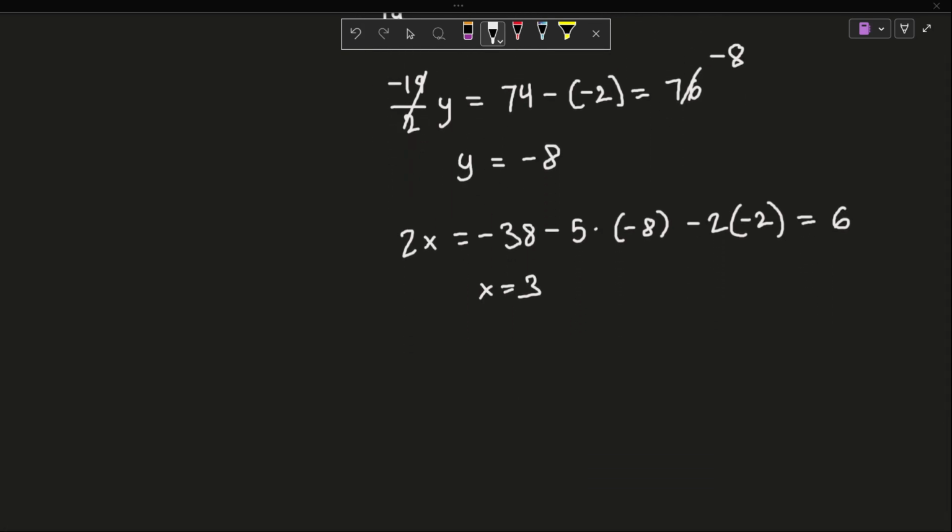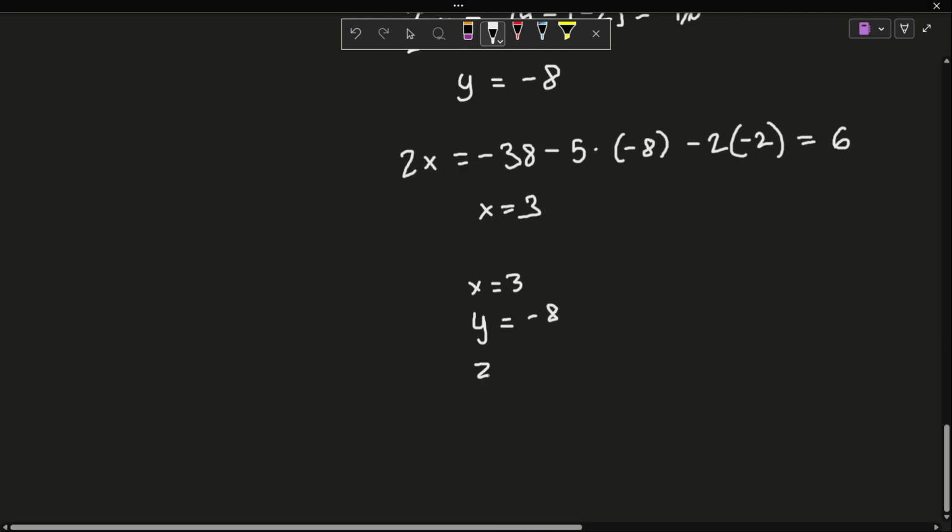So the solution that we've got here is that x equals 3, y equals minus 8, and z equals minus 2.